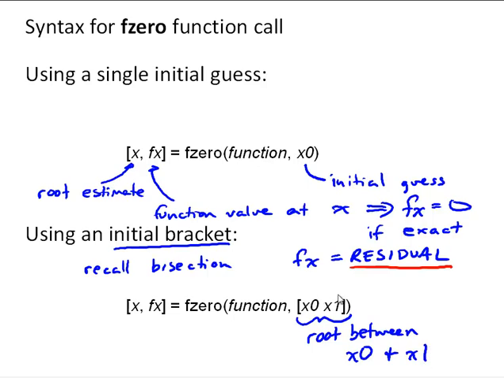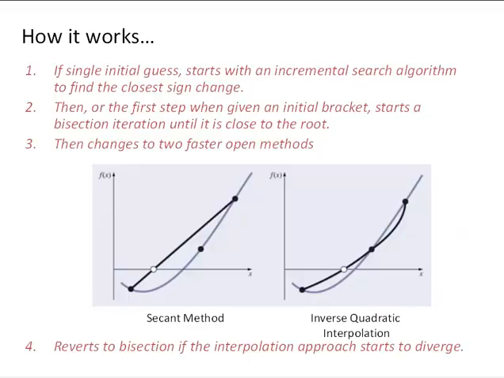And note this is a two-element row vector, not two different inputs. In this case, this would be a single scalar initial guess. And in the first case, fzero is just going to converge on whichever root it lands on that's close to x0.